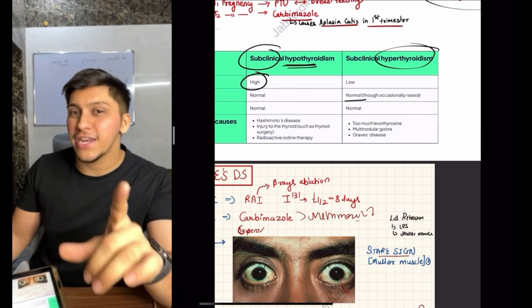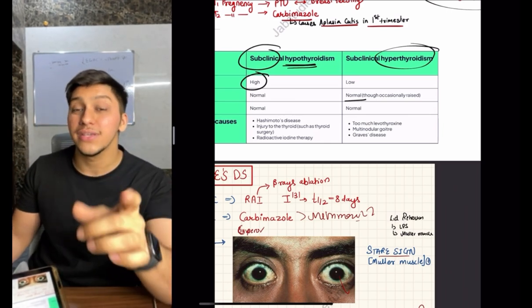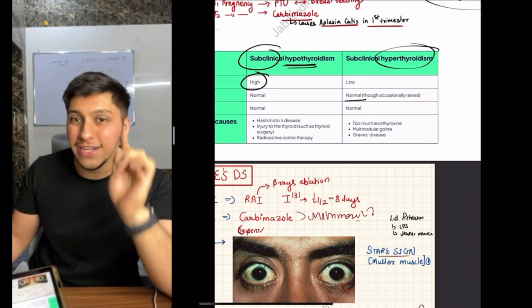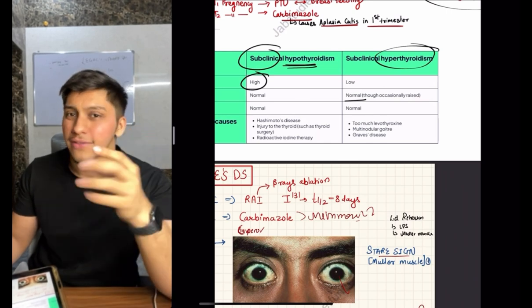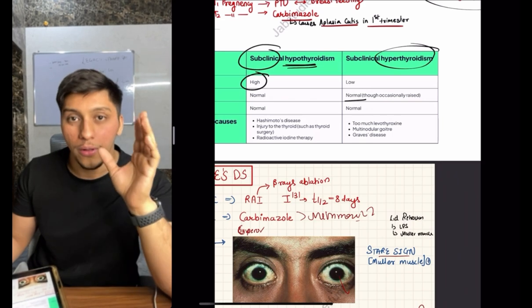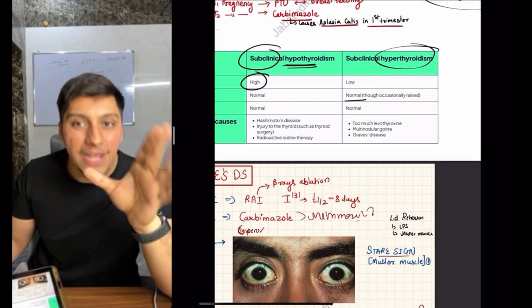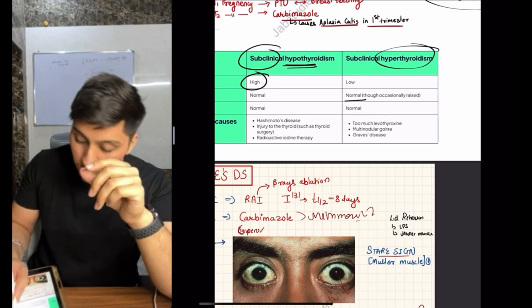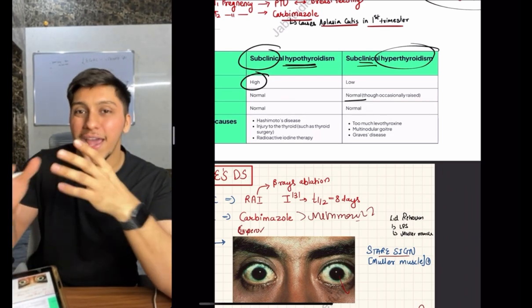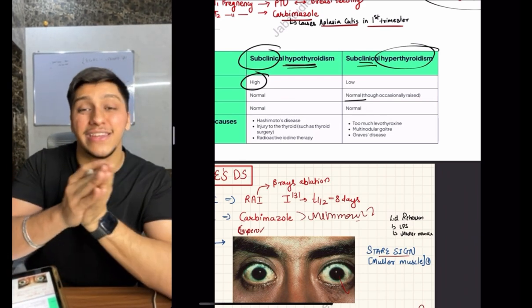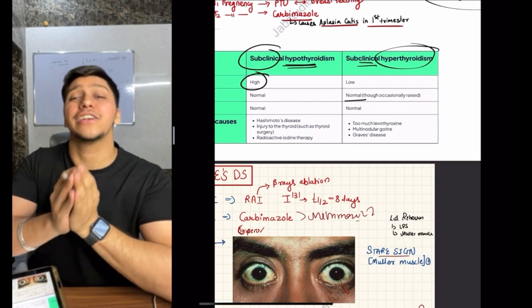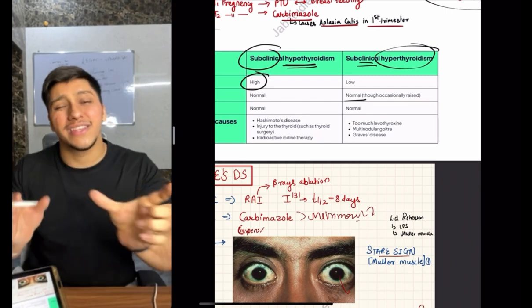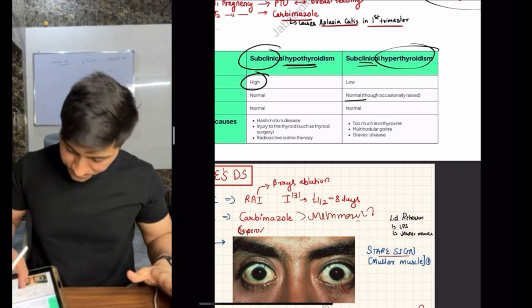In clinical hyperthyroidism, the T3 and T4 levels are going to be high, and that is why TSH is going to be low. Over here, the TSH is anyway low, but the T3 and T4 are going to be normal. The word clinical means effect, and the effect is mainly caused by T3 and T4. So when the T3 and T4 levels are normal, you just add the word subclinical.